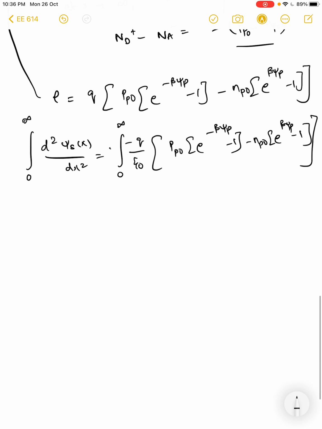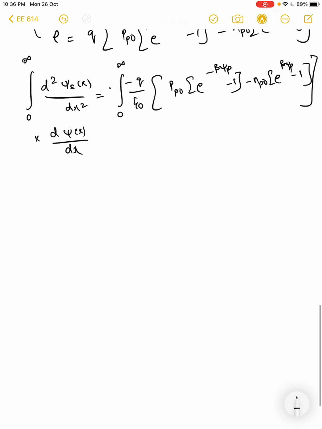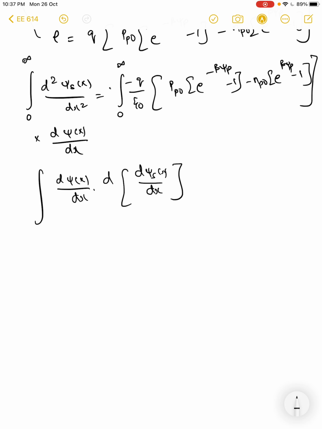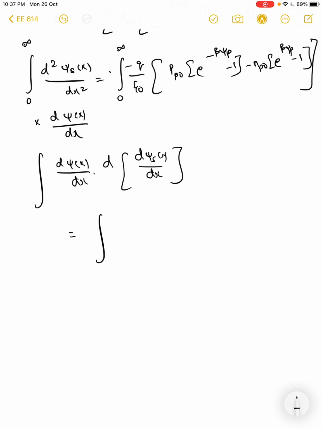To simplify this, what has been done is you multiply both sides by dψ of x by dx. So if I do that, I will get dψ of x by dx multiplied by d squared ψ_s by dx squared. The right hand side becomes much more simplified: minus q by epsilon naught p_p0 e^(-βψ_p) minus 1 minus n_p0 e^(βψ_p) minus 1 dψ_s, right?